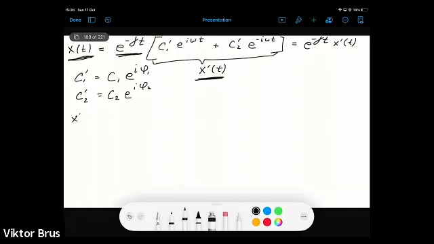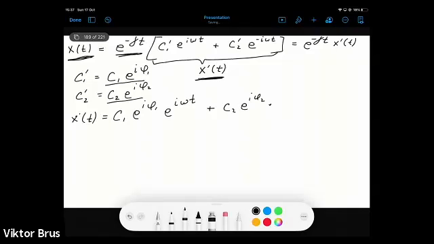So x prime as a function of t will be equal to, instead of C1 prime, we put C1 times e to the power i phi1, then times e to the power i omega t, plus C2 prime, so we put this instead, C2 times e to the power i phi2 times this exponent.